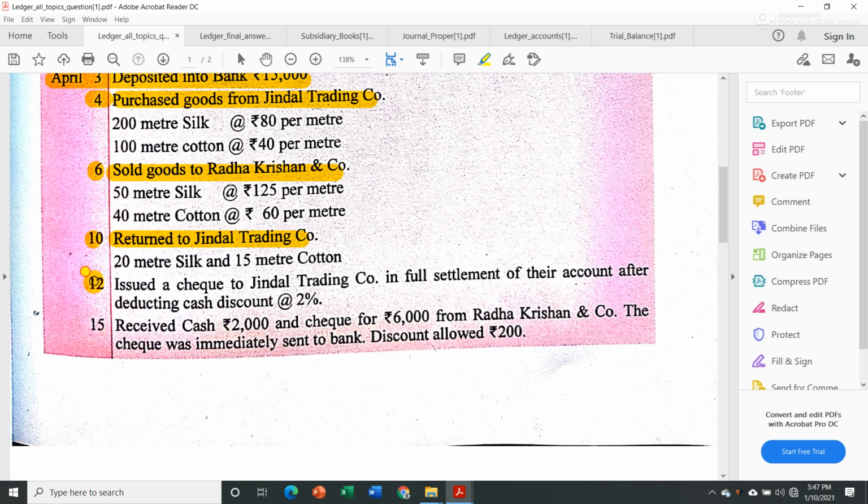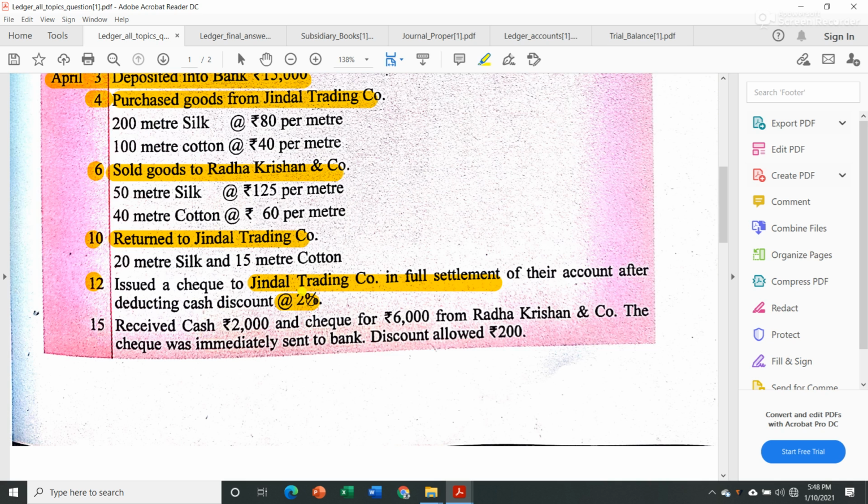On April 12, issued a check to Jindal Trading and Company in full settlement. Earlier we purchased some goods, then we returned, and out of the remaining amount that we are supposed to pay him, we issued a check for settling his account, and we received a cash discount of 2%.